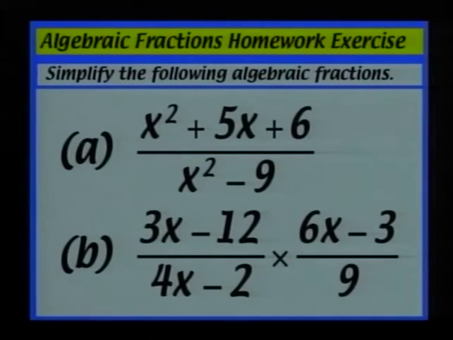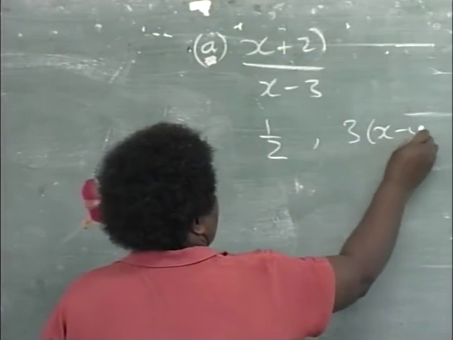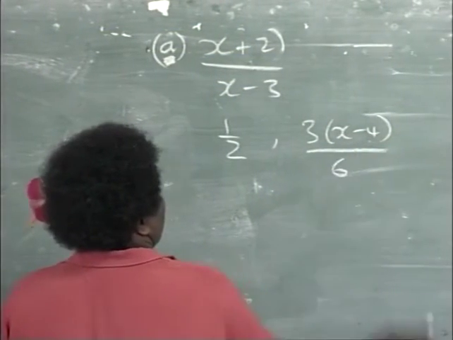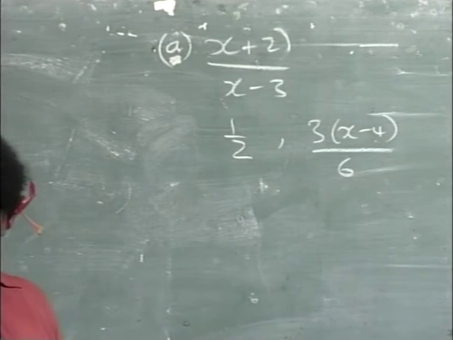Okay, let's see. Any other answers then for letter B? Lester, you got half or a different answer? Different one, okay. 3 times x minus 4 over 6. Any other answers? Yes, Pastor Mike.